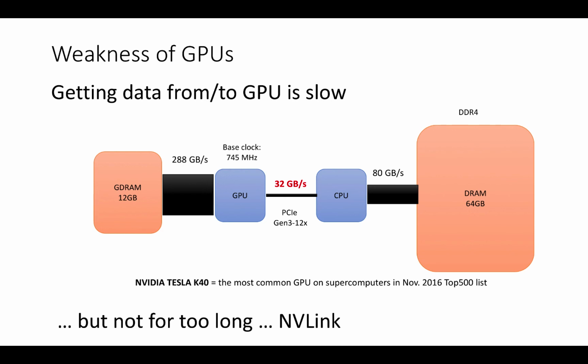From this figure, you can see that the bandwidth between GPU and CPU memory is roughly 10 times smaller than the bandwidth to GDDR. The good news is that this problem is now solved with the arrival on the market of the new NVIDIA GPUs. These GPUs provide a much faster link between GPU and CPU, called NVLink.